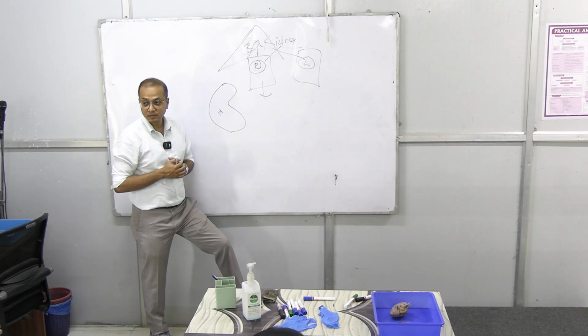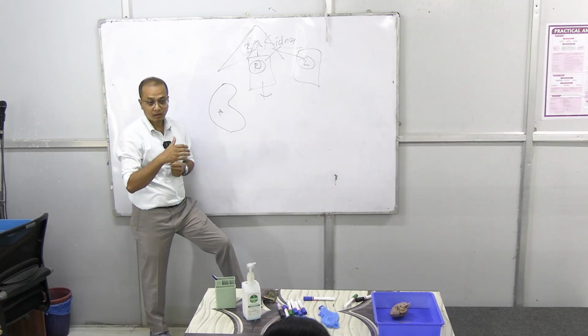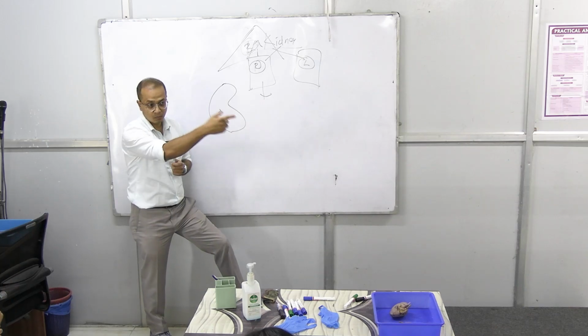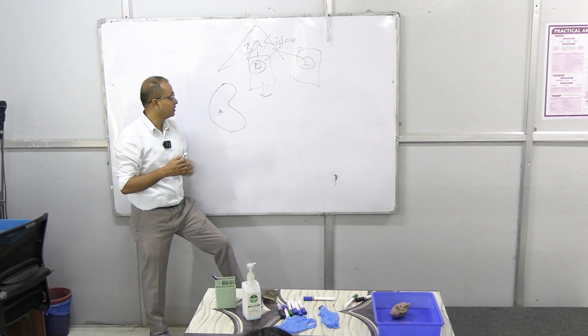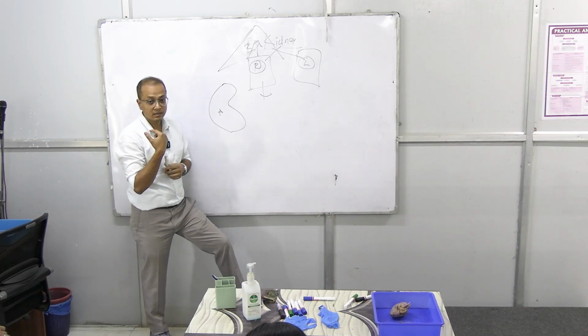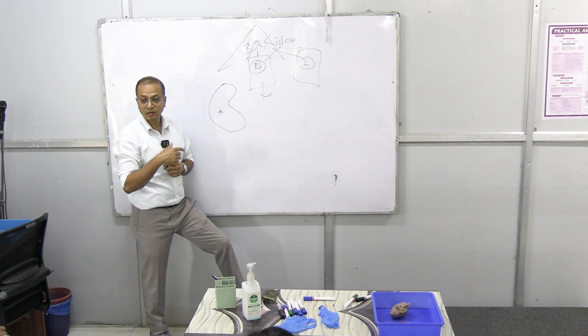How are they placed? Vein, artery, pelvis, in which direction? Anterior to posterior. Most posterior is the pelvis. Most anterior is the renal vein. Renal veins drain into?